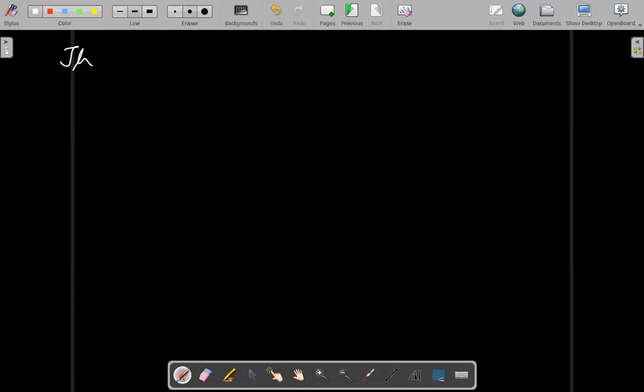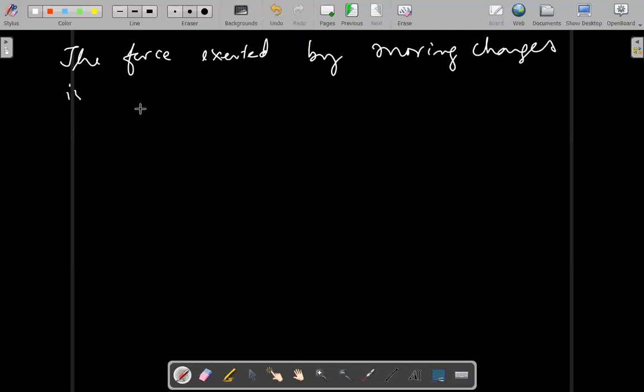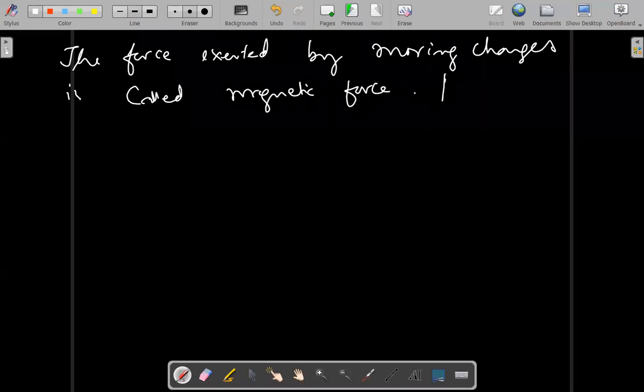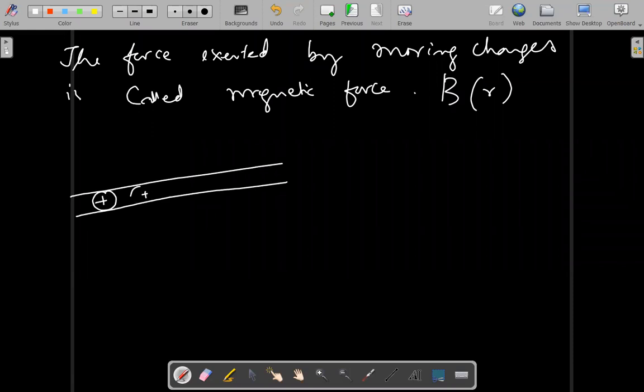So the force exerted by moving charges is called magnetic force, and is represented with the letter B. This is also a function of R. That means if you have the charges flowing this way, for example, from this point may be distance R, this may be distance R1, this may be distance R2.